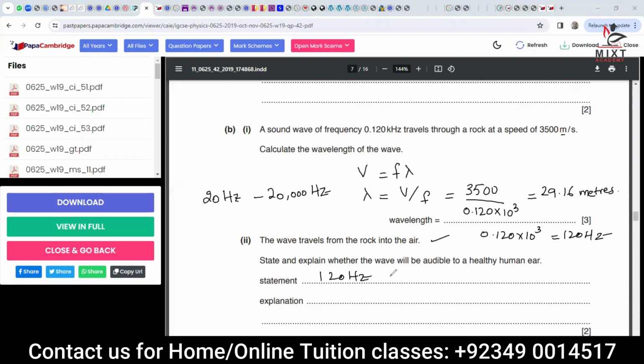The explanation will be that the audible range for the human ear is 20 hertz to 20,000 hertz, so this particular wave can be heard by the human ear. Copy that and then we'll proceed further.